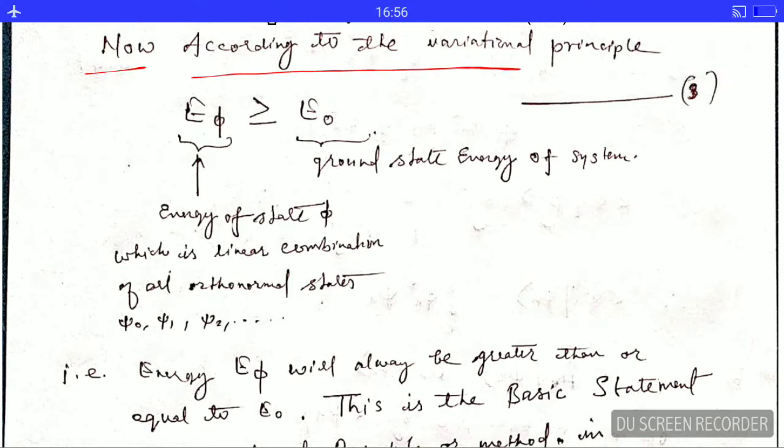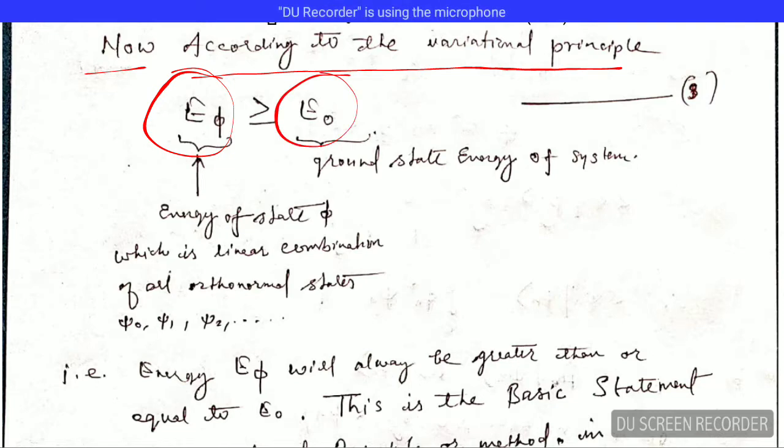Now, according to the variational principle, the energy of the state phi is always greater than or equal to the ground state energy. This is the basic statement of the variational principle.